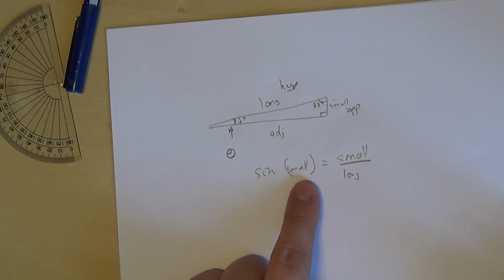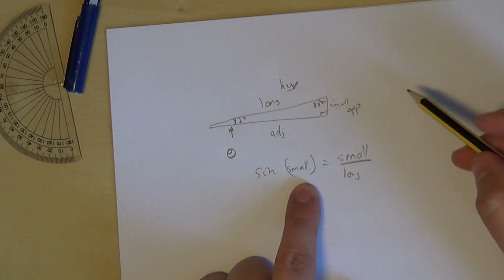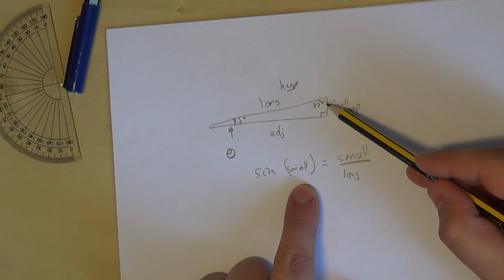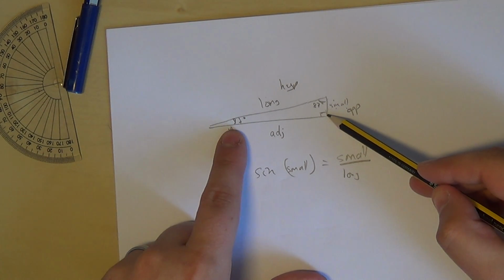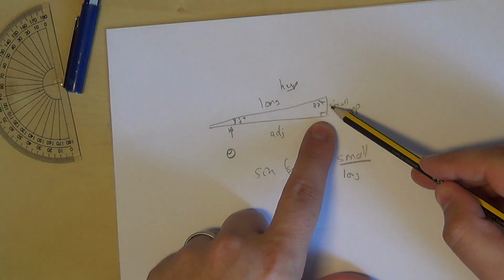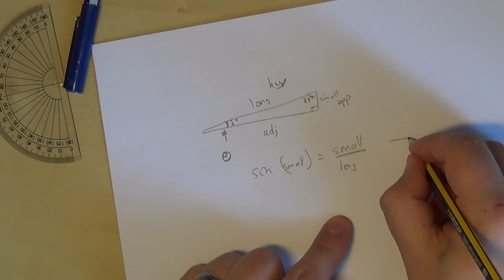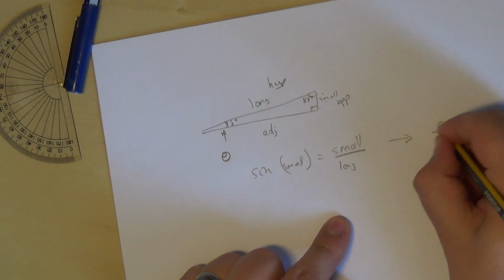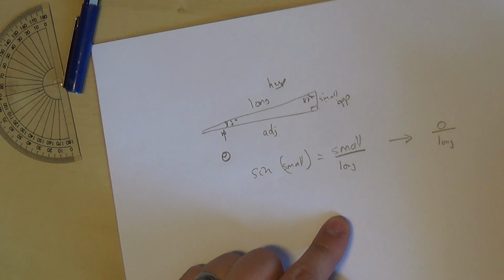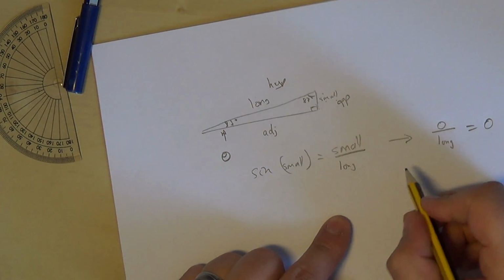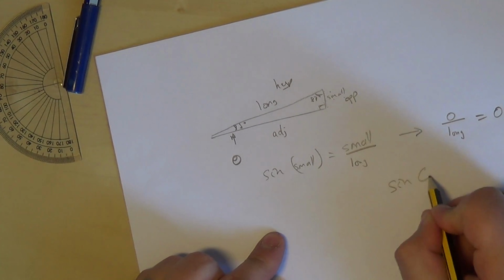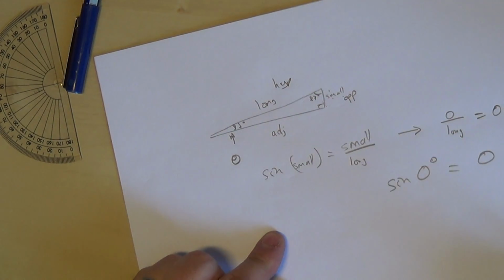So let's think about what happens as this gets smaller and smaller. This height gets smaller and smaller, and when this is no degrees, this will have no height. So the limit of this is going to be 0 over long, which is 0. So the sine of 0 degrees is 0.